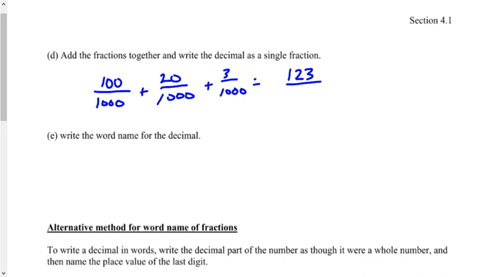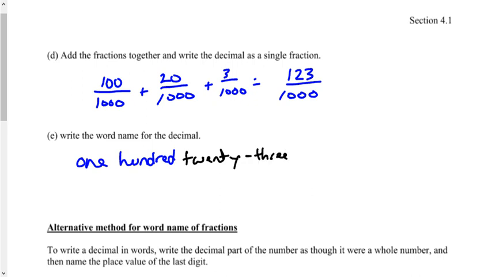So ultimately, this is 123 thousandths. Okay, that makes a big difference to put that THS on there.